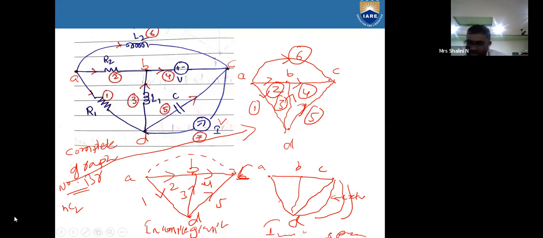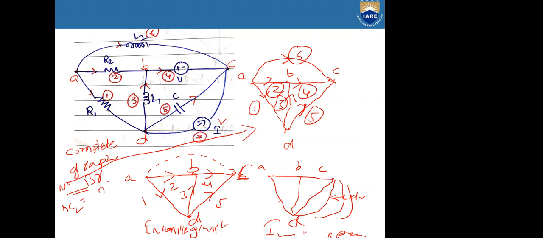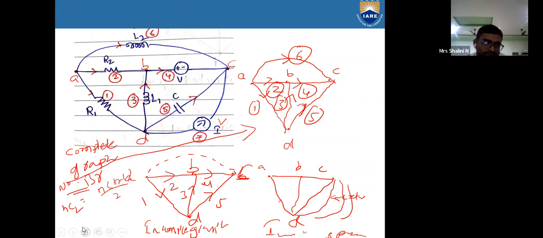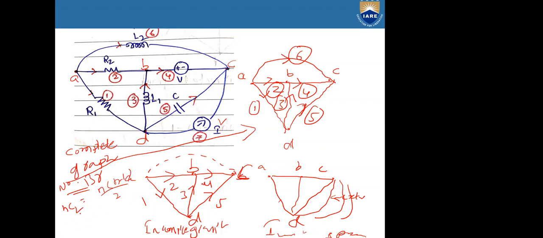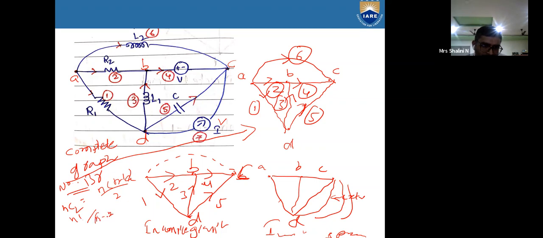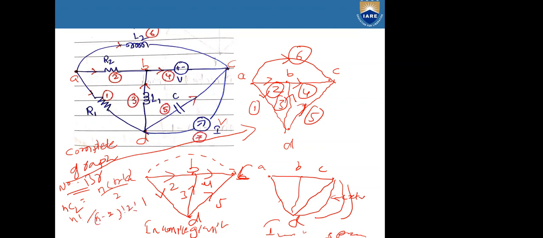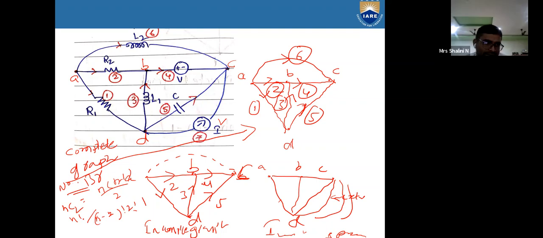What is NC2? Mathematics, anybody? n into n minus 1 by 2. How does it come, you know? NC2 is nothing but n factorial by n minus 2 factorial into 2 factorial. n factorial is n into n minus 1 into n minus 2 factorial.